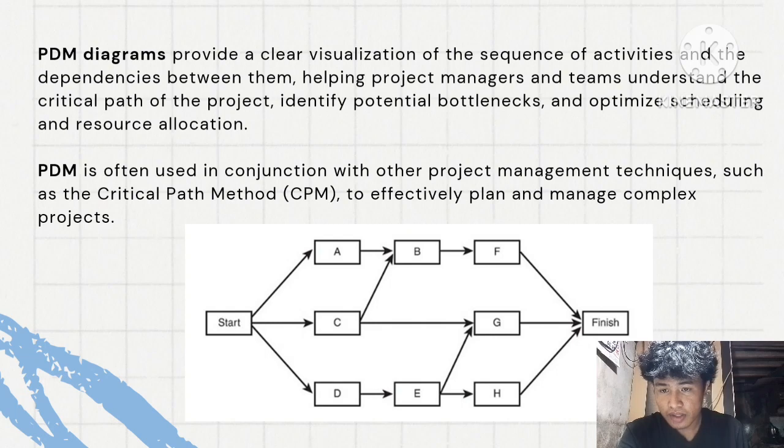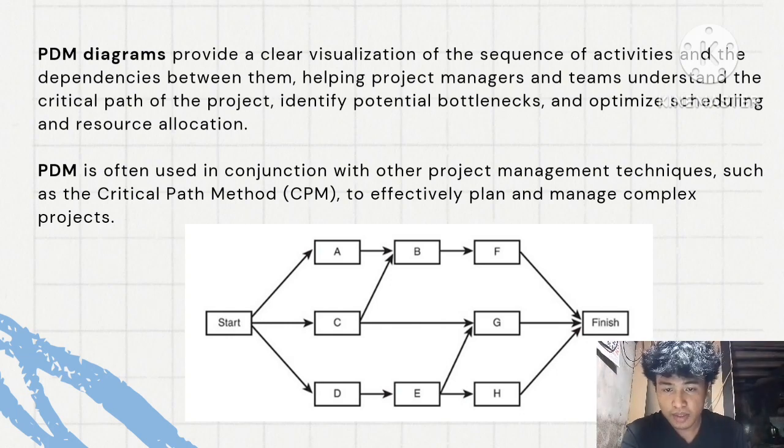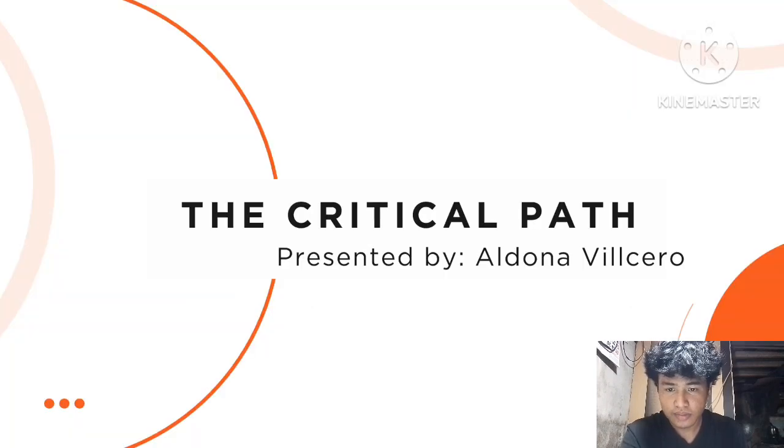PDM is often used in conjunction with other project management techniques such as the critical path method, in short CPM, to effectively plan and manage complex projects. For an example of the critical path.